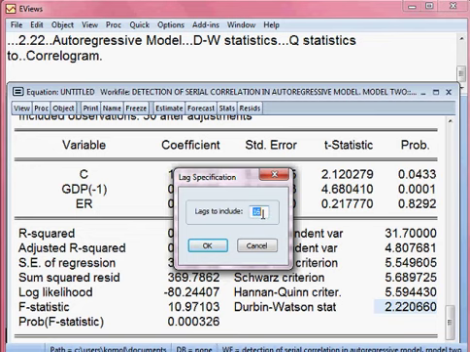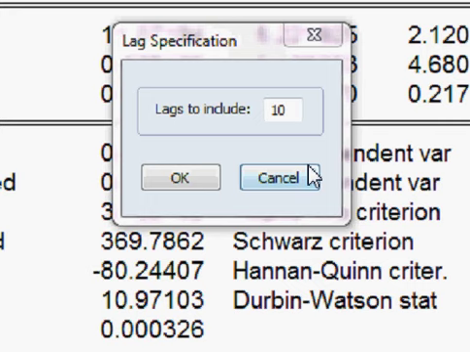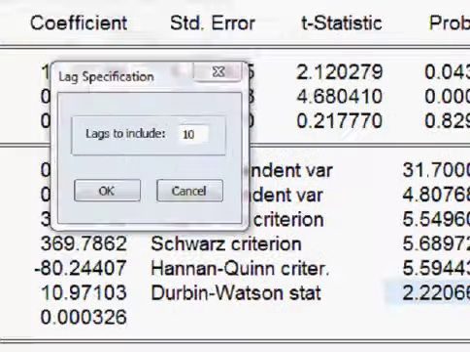Our sample is almost 30, so I take lag 10, which is one third of the sample size. Then I run this Q statistics and check what happens.